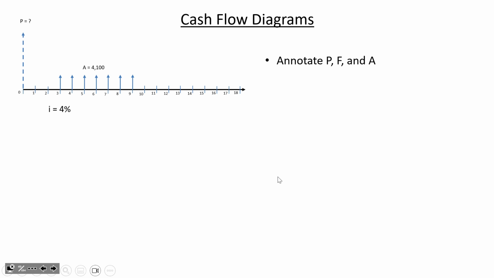Okay, so now you're hopefully starting to think about what this cash flow diagram is asking you to solve. It's asking you to find out, for these known values in the future, an annual series in years 3 through 9, where every year you get 4,100, and an interest rate of 4% applies, what is the single lump sum equivalent of those future revenues?